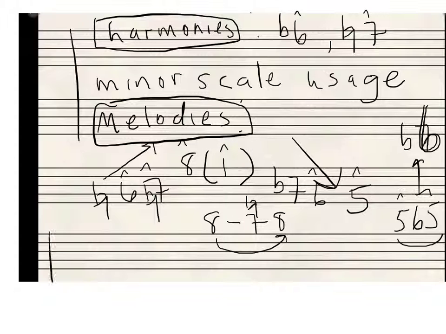So in C minor, and here's the key signature for C minor, the raised scale degree 6 and the raised 7, well, A flat is 6, so the raised 6 is A natural, and the raised 7 is B natural, going up to C. And conversely, when we come back down, we use B flat and A flat, and we come back down to 5.